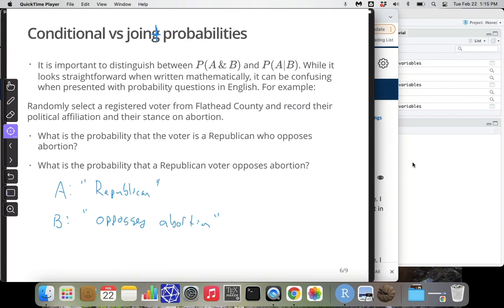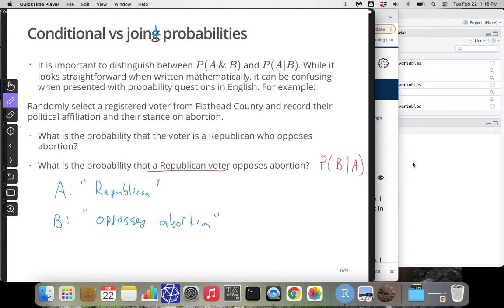The key is to recognize when we're assuming that something has already occurred. If we look carefully at the second one, we want to find the probability that a Republican voter opposes abortion. That means we're assuming that the voter we're looking at is already a Republican. So this example is the probability of someone opposing abortion given that they're a Republican.